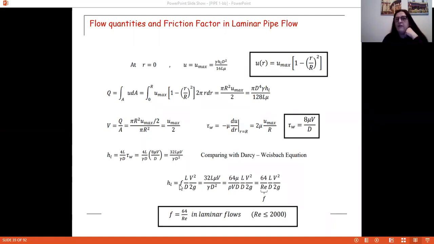So if you have laminar flow in your pipeline, that f will simply be equal to 64 divided by Reynolds number. From this relation, you can just calculate your f, substitute it in Darcy-Weisbach to solve for your friction loss. Then you can use it in your energy equation to calculate the unknown things that you are looking for.